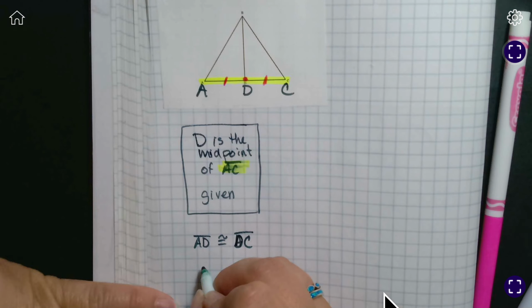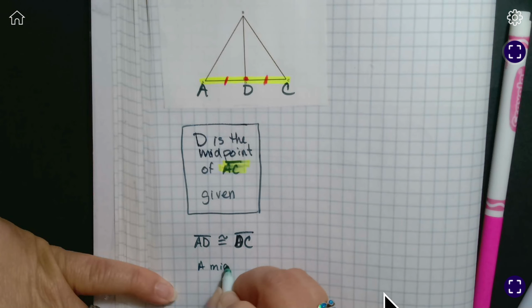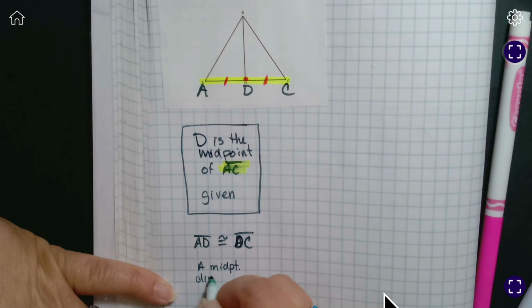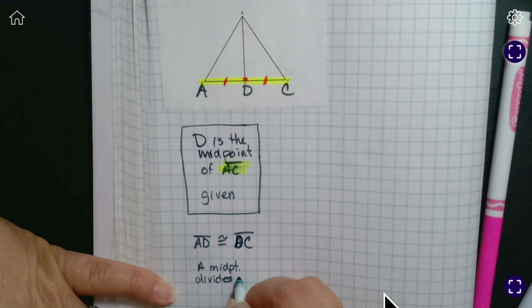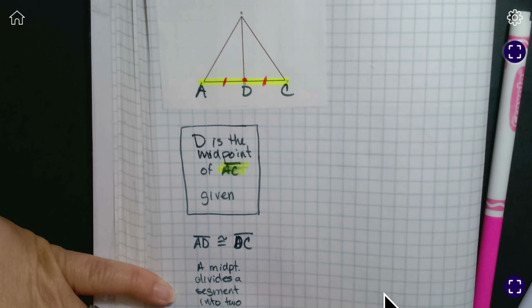And then you write the reason: a midpoint divides a segment into two congruent segments.